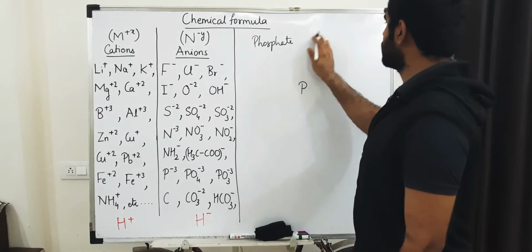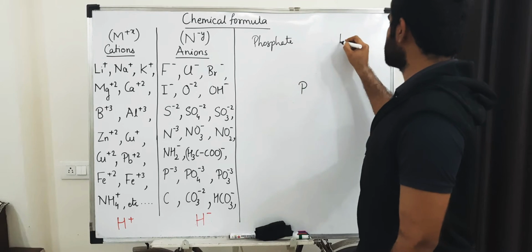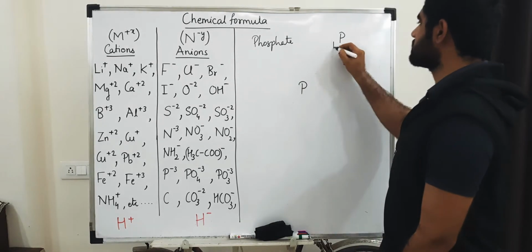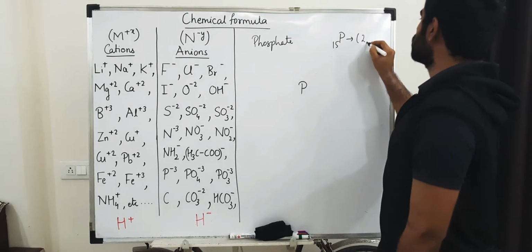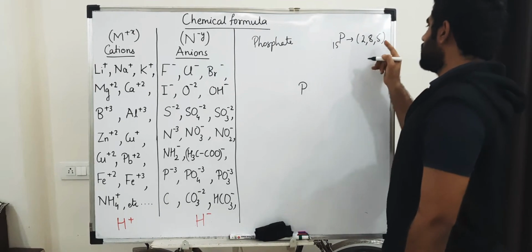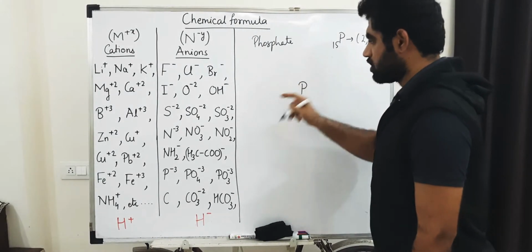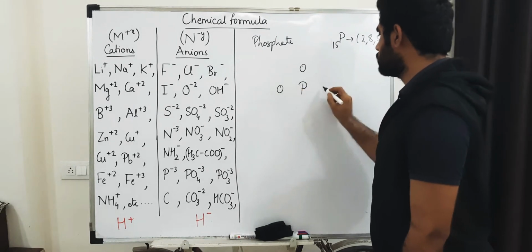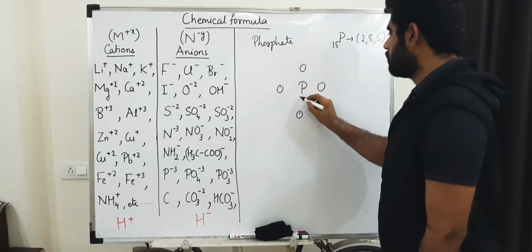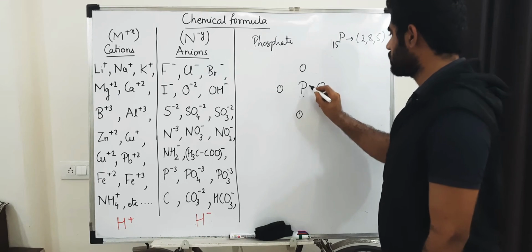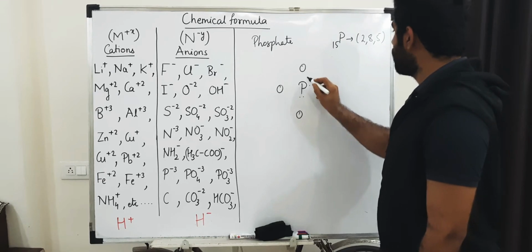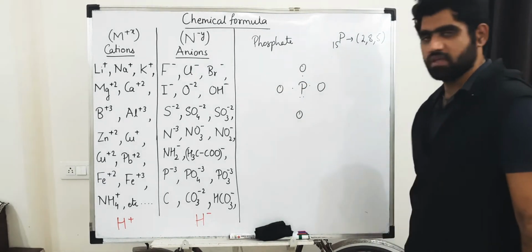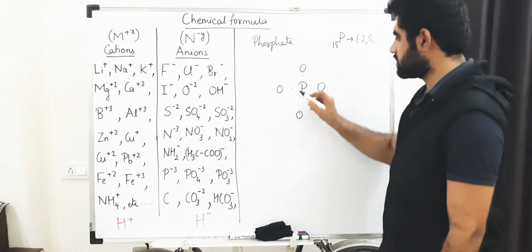Phosphate. In case of phosphate, phosphorus is 15, so it becomes 2, 8, 5. The outermost shell has 5 electrons, and how many oxygens are connected to it? 4. 1, 2, 3, 4. 1, 2, 3, 4, 5. See, in this way the 5 electrons are distributed.